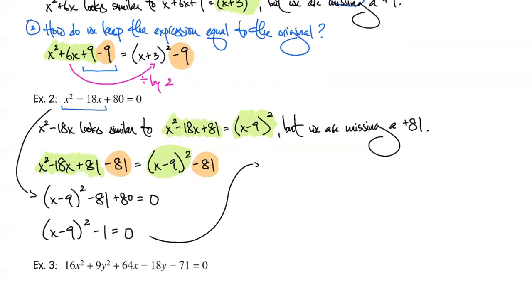And if I were to solve this equation, I can actually solve this without foiling anything out, okay? I could add 1 to both sides. I could take the square root.